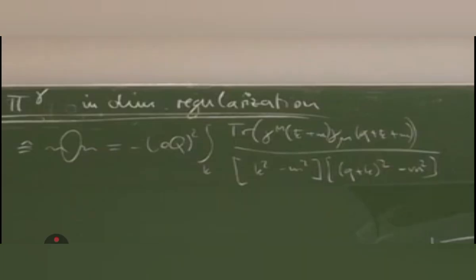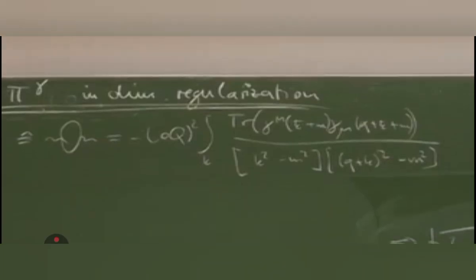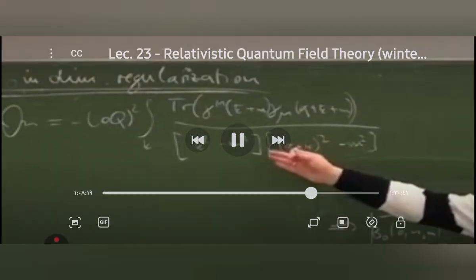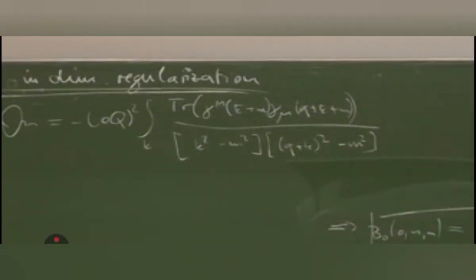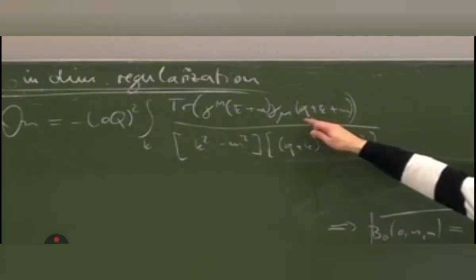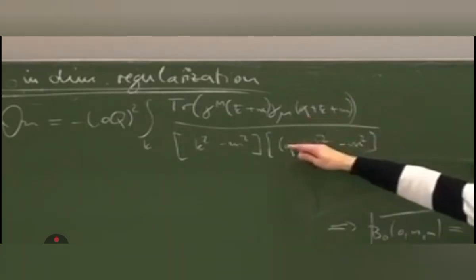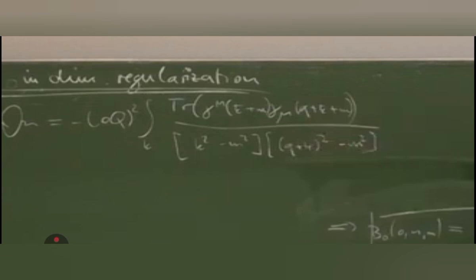That is our integral. And so the numerator is not 1, and the denominator does not have the form of our previous master formula, where we just have one denominator squared, but we have now a product of two different denominators. So therefore we have two tasks to solve. We have to get rid of the numerator, and we have to bring the denominator into the form of our master formula.